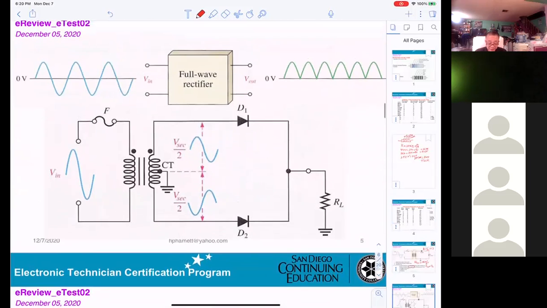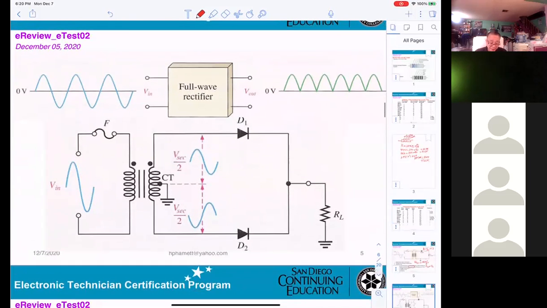Okay, they're talking about a full wave rectifier. You need to open your notes on the full wave. The input looks like this, and the output will look like this.